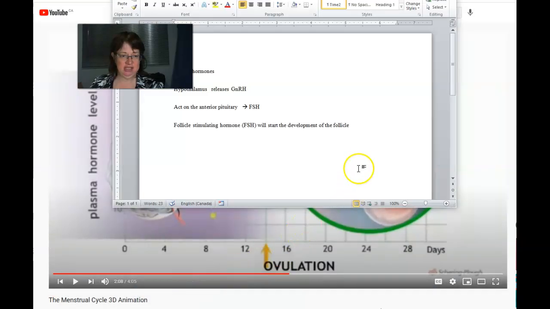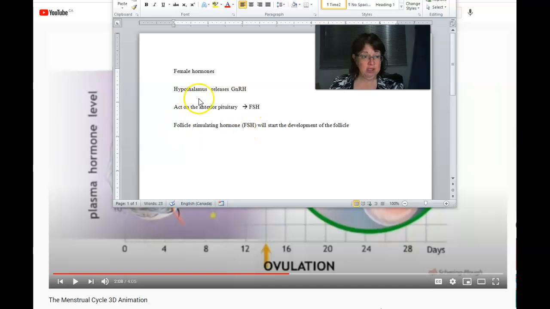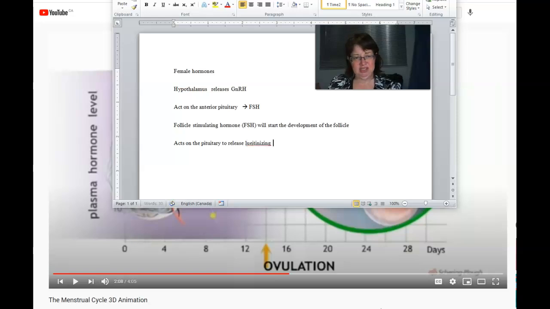So let's summarize that. We talked about the hypothalamus releases gonadotrophin releasing hormone, which acts on the pituitary to form follicle stimulating hormone. Then it also acts on the pituitary to release luteinizing hormone.